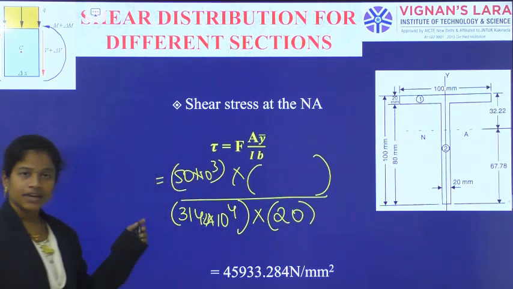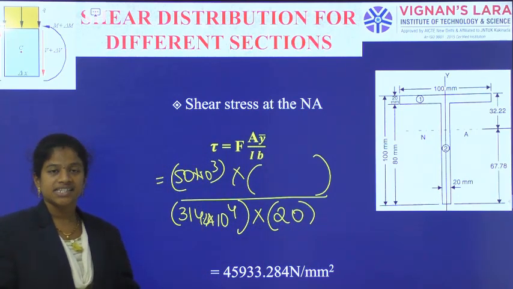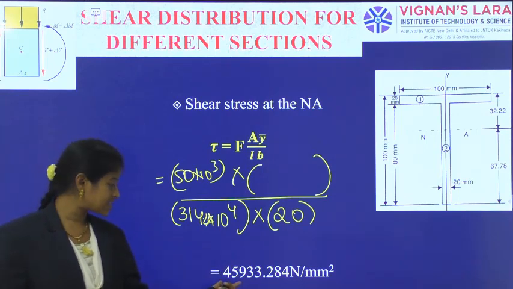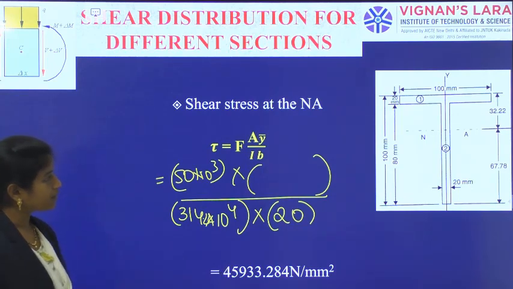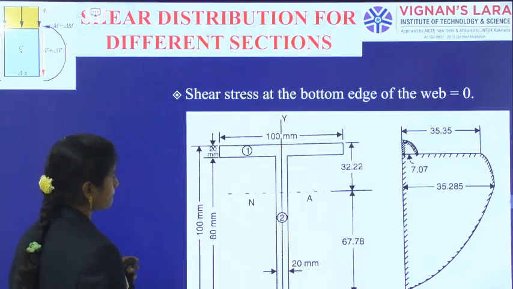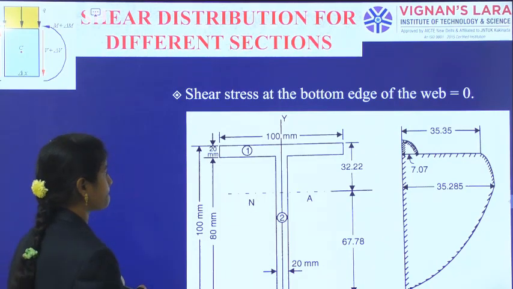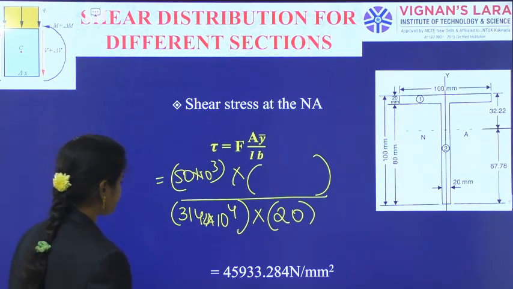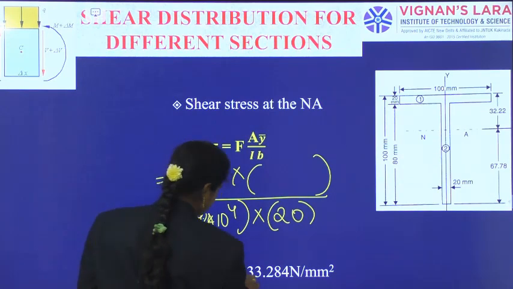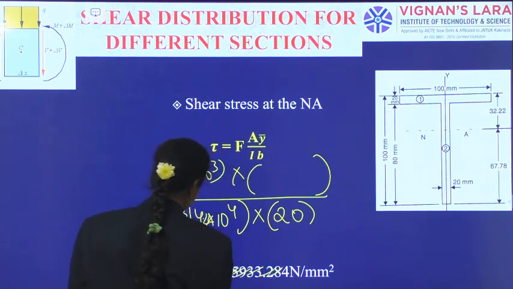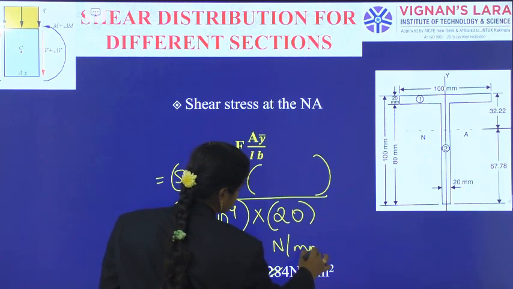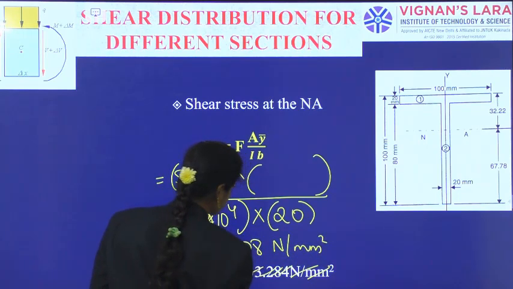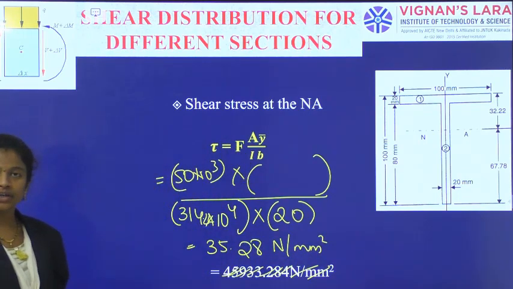So F A y bar by I b, we will get the shear stress at the level of neutral axis as 45933.28 Newton per mm square.